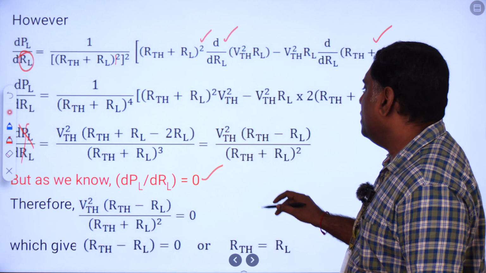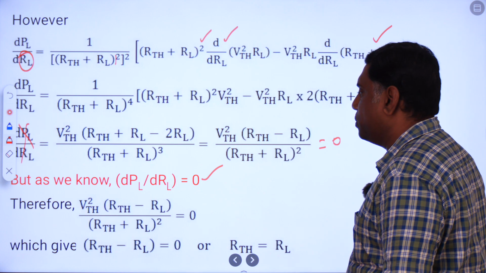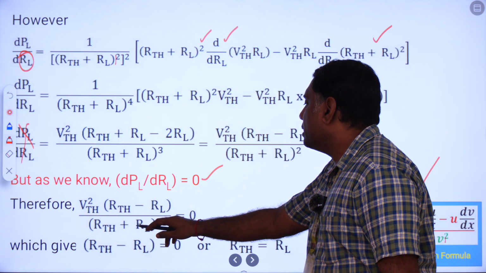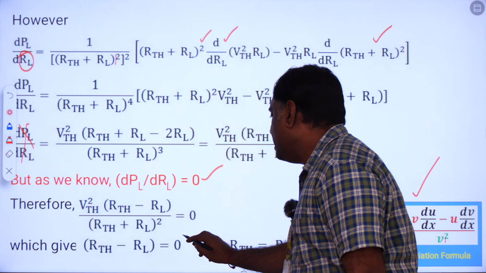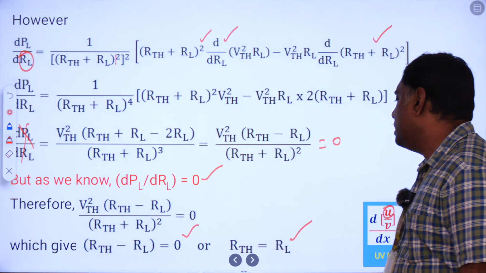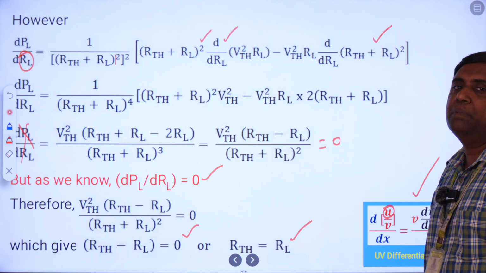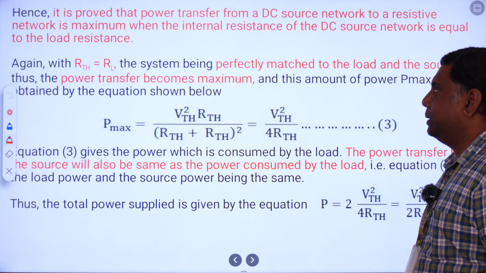So we can substitute 0 over here. Now V Thevenin into R Thevenin minus RL divided by R Thevenin plus RL squared is 0, which gives R Thevenin minus RL equals 0, or R Thevenin equals RL. Only in this condition can maximum power be transferred from the source network to the load network.